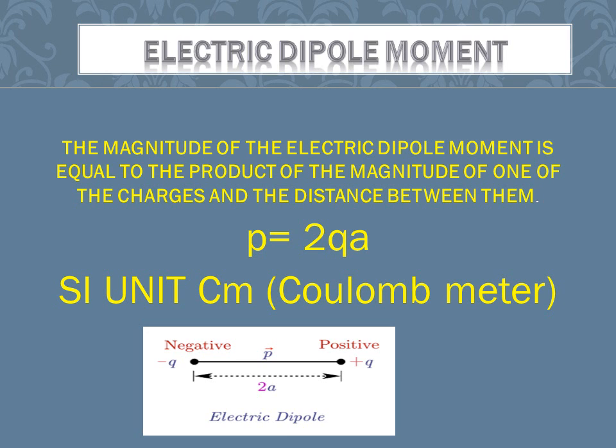Now see the diagram. You have the two charges minus Q and plus Q separated by a distance of 2A. Then P is equal to Q, that is one of the charges, into 2A, the distance. And the SI unit is Coulomb meter.